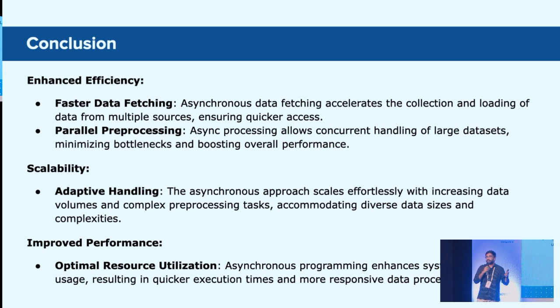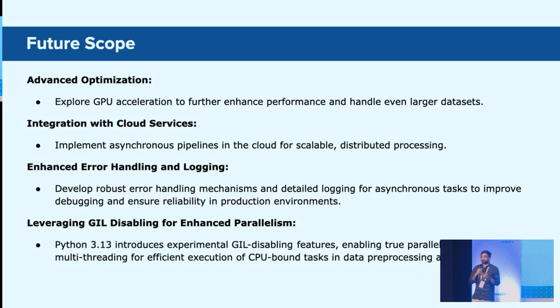You don't need to worry if there's more data being requested, maybe from your peers or something. It will take care of itself, and you can handle complex pre-processing and training on separate threads, and thus you get optimal resource utilization. Future scope: the code which I've written is totally on CPU. You can fork it.